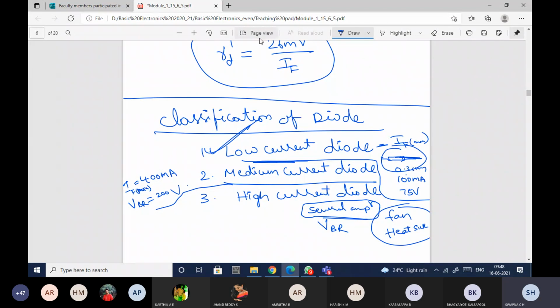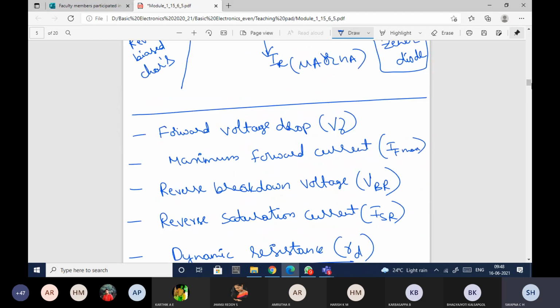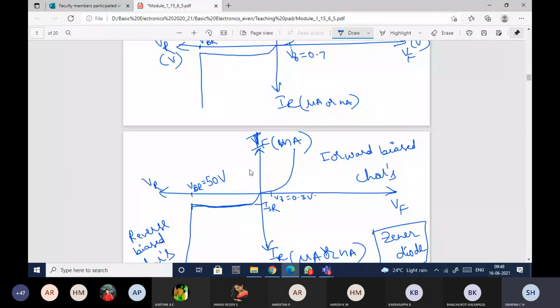Fine. I have also thought of showing you an online simulation. Here I have just shown you the diode characteristics, forward bias and reverse bias characteristics.